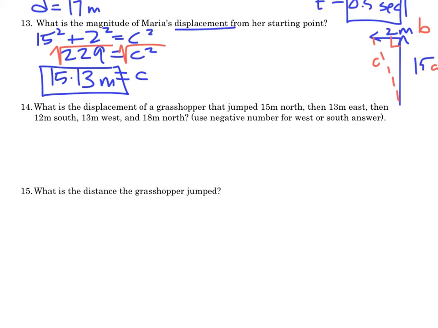Number 14. What is the displacement of a grasshopper that jumped 15 meters north, 13 meters east, 12 meters south, 13 meters west, 18 meters north? Okay. Let's draw this out.